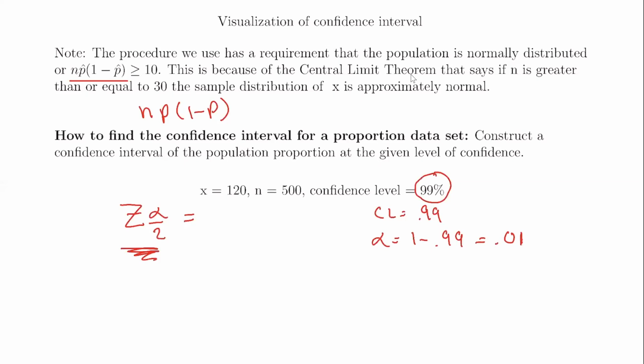Okay, so far we have z of 0.01 divided by 2. What's 0.01 divided by 2? Well, let's do that in our calculator. Let me transfer over to my TI-84.